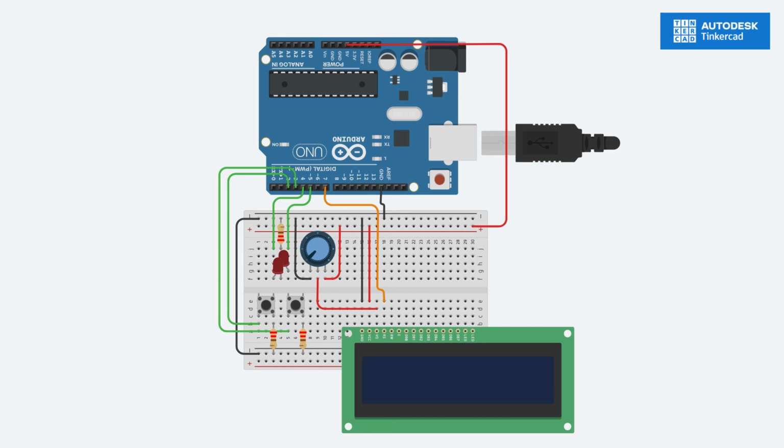Then we connect pin 7 of our Arduino to RS. This input on the LCD display simply defines how the LCD will register incoming data. Then we'll connect our RW, read-write, to ground.